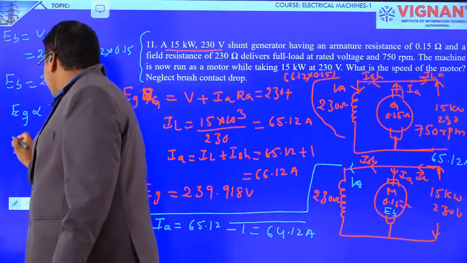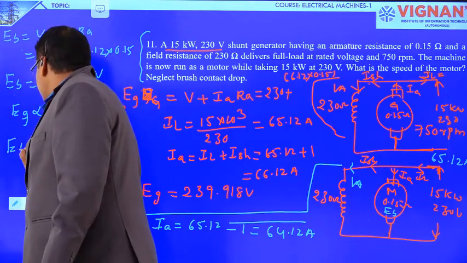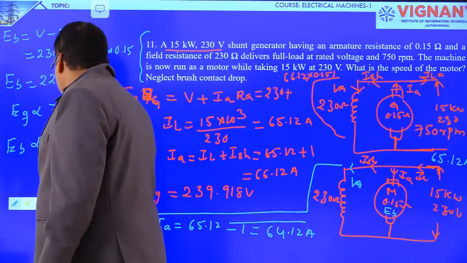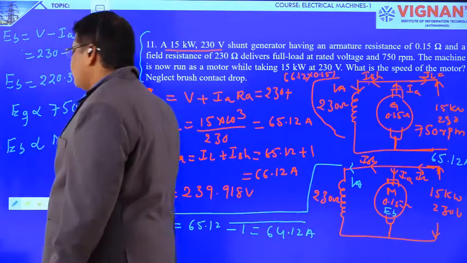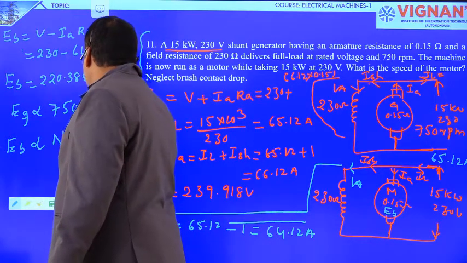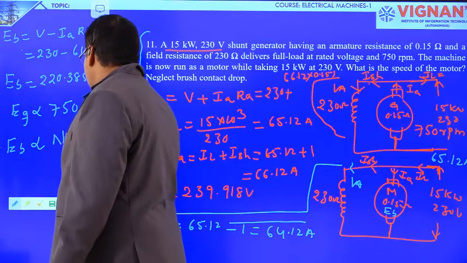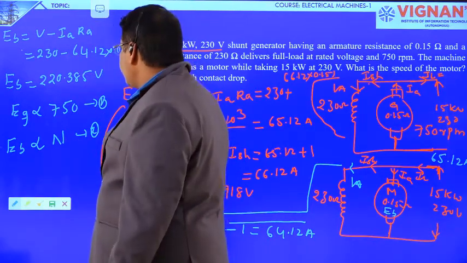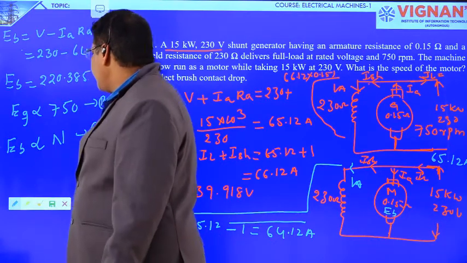Now the back EMF EB is directly proportional to the speed of the motor, which you take as N. This is equation 1. This is equation 2. Now you take the ratio between these two and find the value of N.